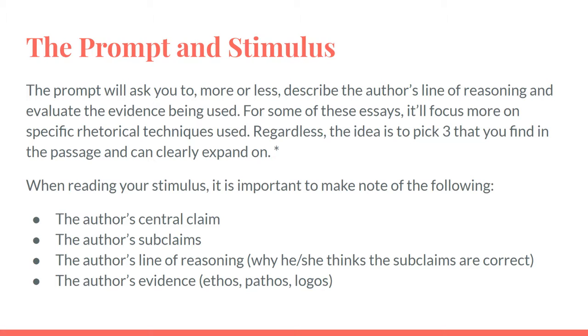In order to interpret this properly, you have to identify what their central claim is and then explain, or at least identify, their subclaims and their line of reasoning. After you do that, look at the evidence and see what types of tools the author uses in order to push the subclaims and line of reasoning.